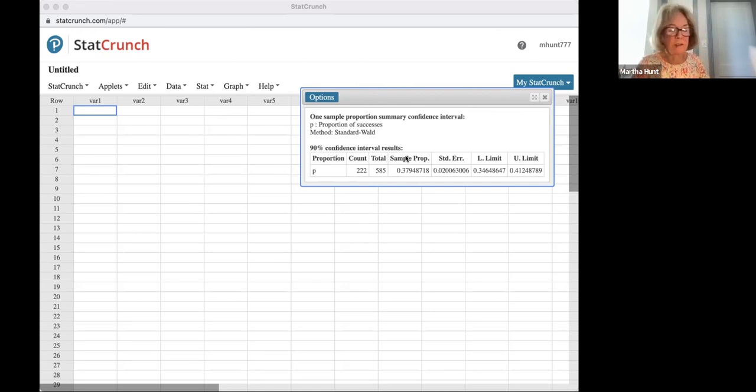Well, they changed it to 0.65. You know what? I don't want to waste your time. I'm going to change it to 0.65, and I'm just going to quickly redo it.